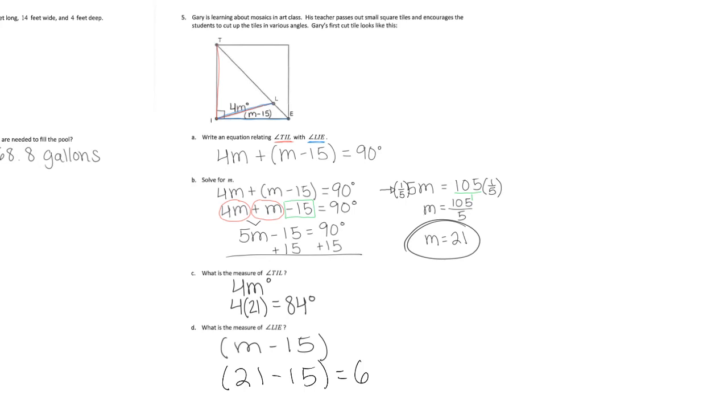So now we know that that angle is 6 degrees. Now, a way you can go ahead and check is we know that both of these angles equal 90 degrees. And when we put our two values here for 84 and 6, we know that 84 plus 6 is going to give us 90 degrees.